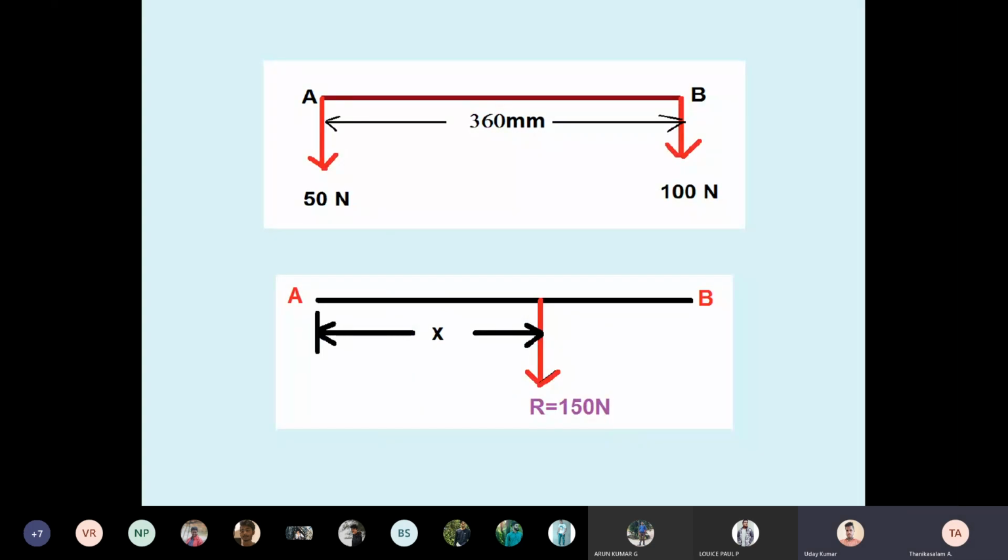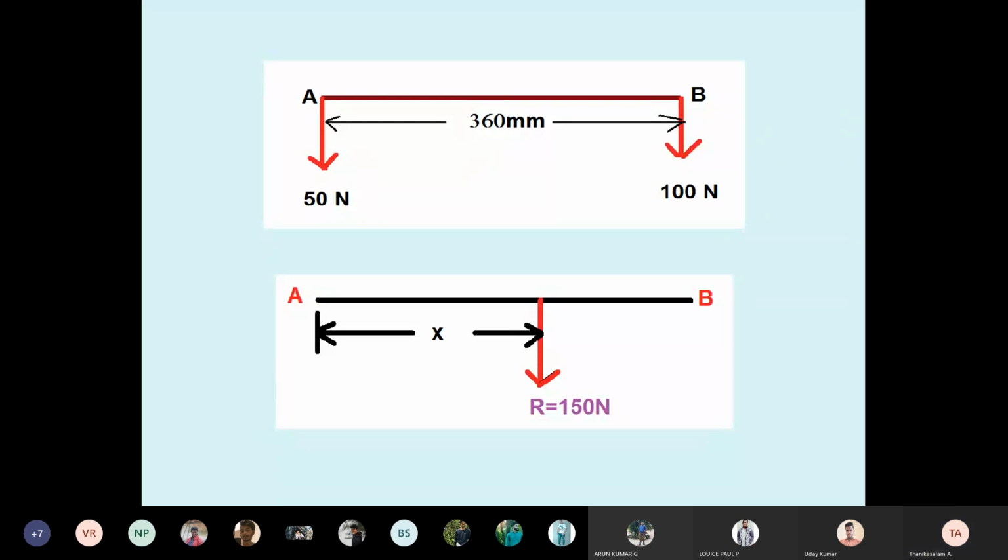Resultant force moment equal to individual force moment.